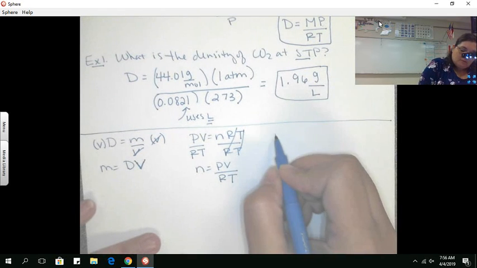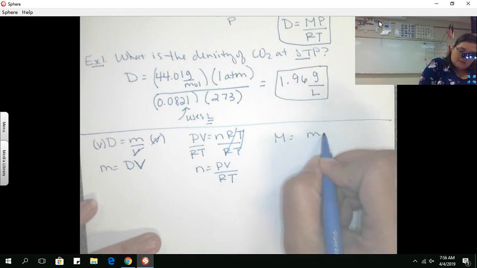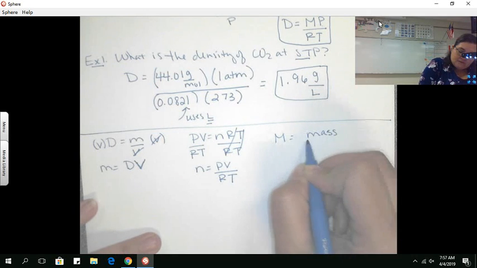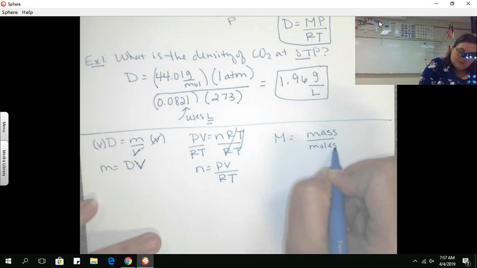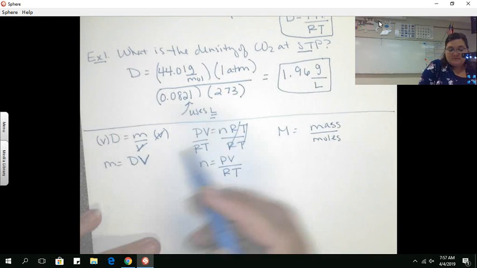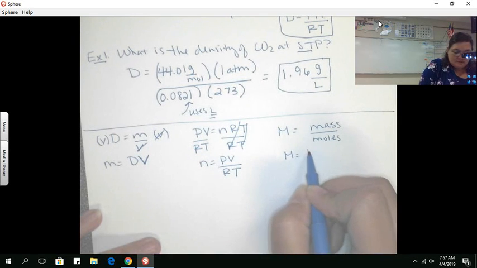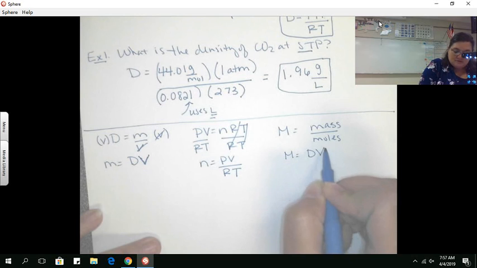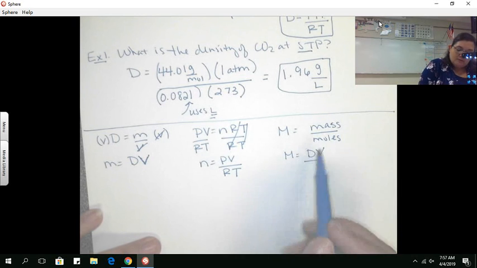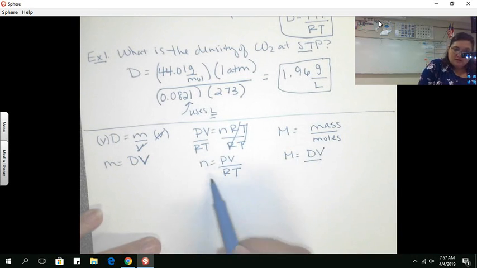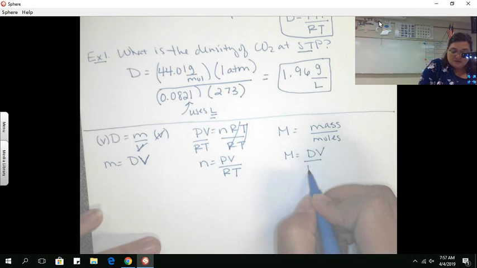So our molar mass is mass divided by moles. So we just solved density for mass, so we'll replace that. That's density times volume is mass. Then we'll divide by moles. Well, we just rearranged ideal gas law to find moles, so that's going to be PV over RT.